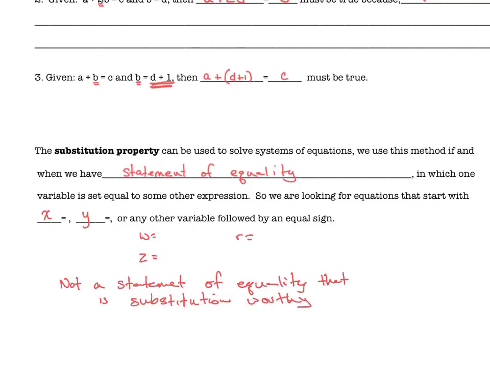Because if I write an equation, I have a statement of equality, but we need a substitution worthy one. So x plus y equaling 8 is not going to be a substitution worthy problem for us in solving systems of equations. Now, yes, I understand in higher order maths, x plus y will be, but for this method, what you really need to be focusing on is that you have one variable equal to something.